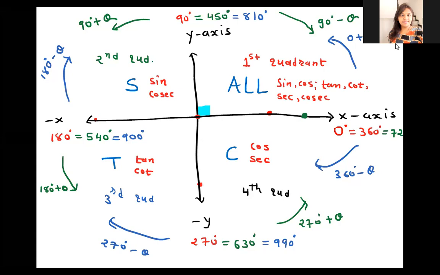S means sine and its reciprocal, they are positive in the second quadrant. For tan and cot, they are positive in the third quadrant. The remaining are negative. In the fourth quadrant, cos and sec are positive.